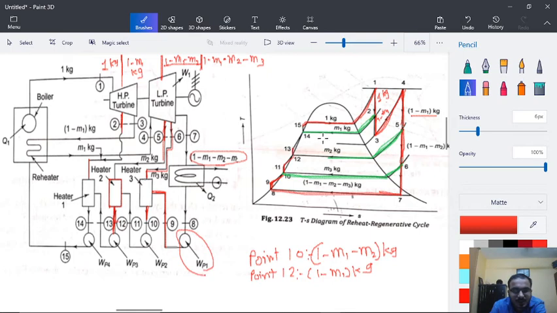After that this m1 kg is meeting this 1 minus m1 kg, so finally we are getting point number 14, where we are getting 1 kg. This 1 kg is being pumped to point 15, and then it is going into the boiler, and we are getting the whole cycle repeated.